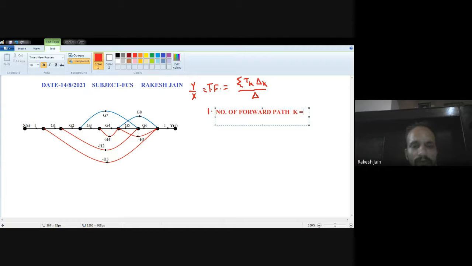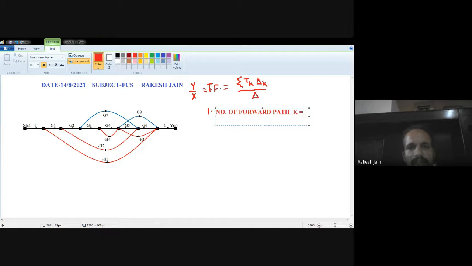So how many forward paths are there? The first one is 1 multiplied by G1 multiplied by G2 multiplied by G3 multiplied by G4 multiplied by G5 multiplied by G6, and then again 1. The straightforward path. The second forward path is 1, G1, G2, then jump to the upper part G7, then G6, then 1.